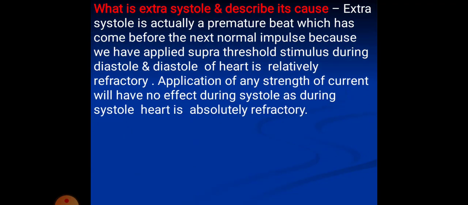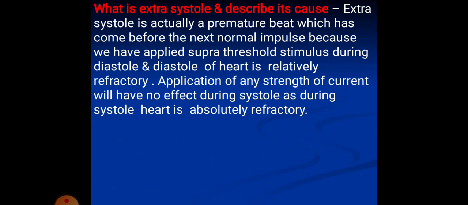What is extrasystole, and describe its cause? Extrasystole is a premature beat which has come before the normal impulse because we have applied a suprathreshold stimulus during diastole, and diastole of the heart is relatively refractory. Application of any strength of stimulus or current during systole will have no effect because systole is absolutely refractory.